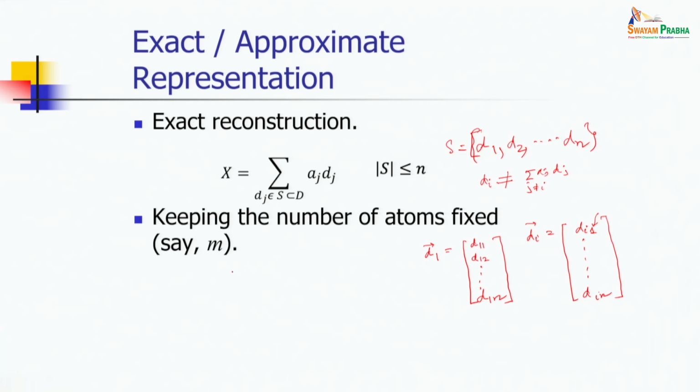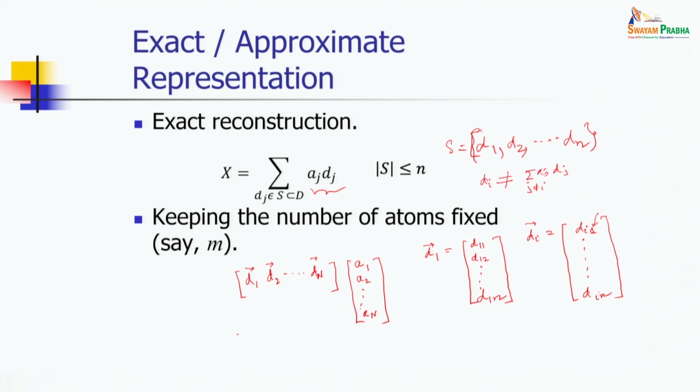So we can write this expression in this way. Say let us consider a matrix with columns D1, D2 to Dn, and the coefficients A1, A2 to An.